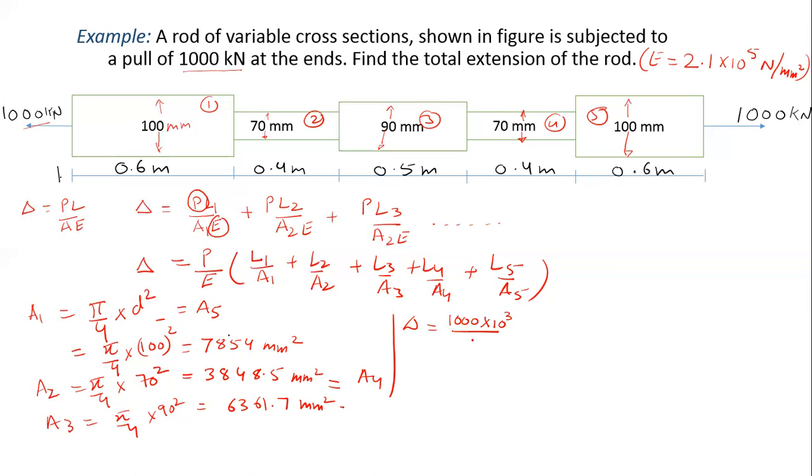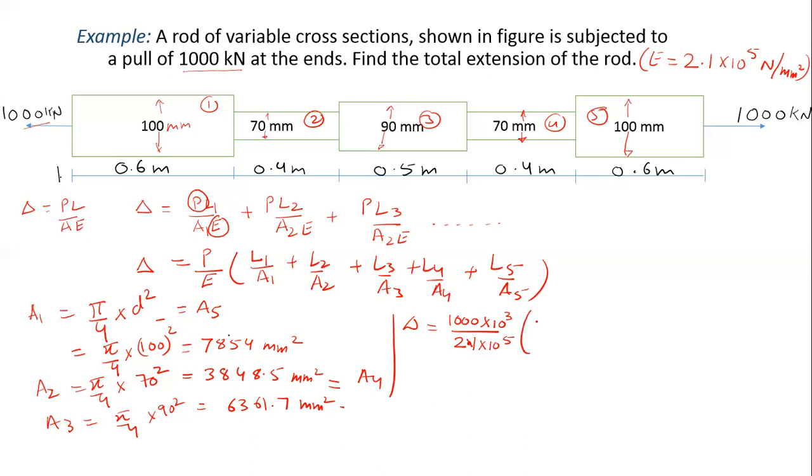For steel, E is 2.1 into 10 to the power of 5 Newton per mm square.